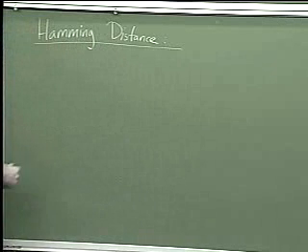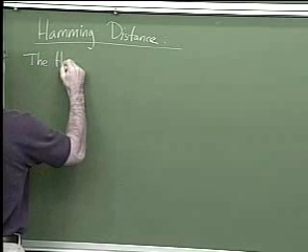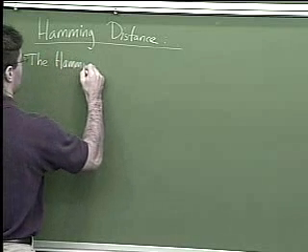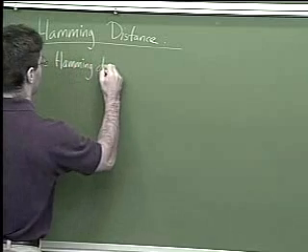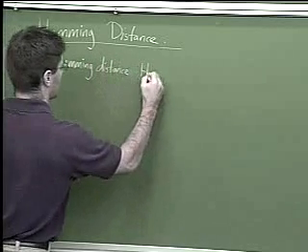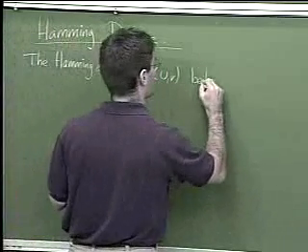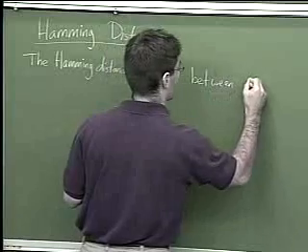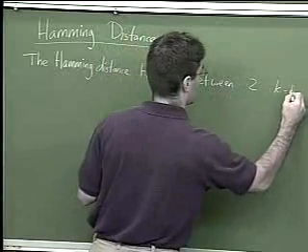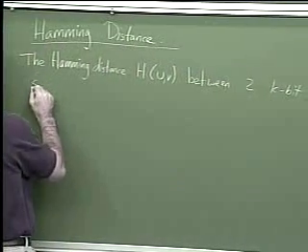Okay, first we're going to define the Hamming distance h(u, v) between two k-bit strings.